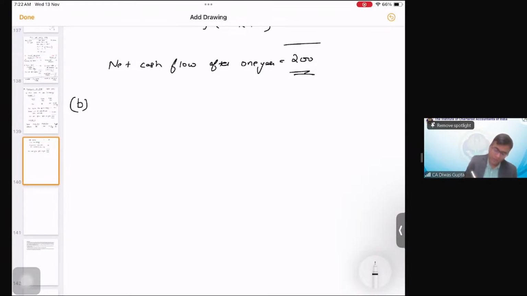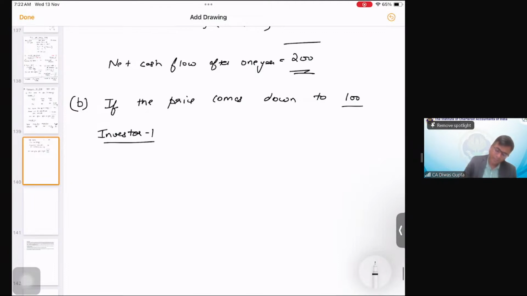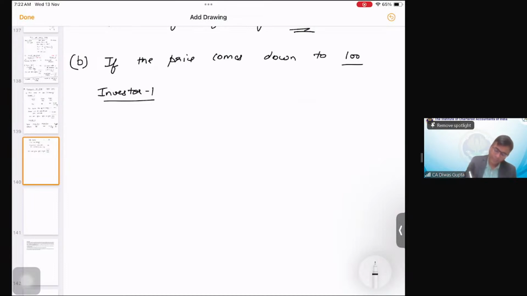If the price comes down to 100, so this is for investor 1. The strike price, let's put it like this, put option.